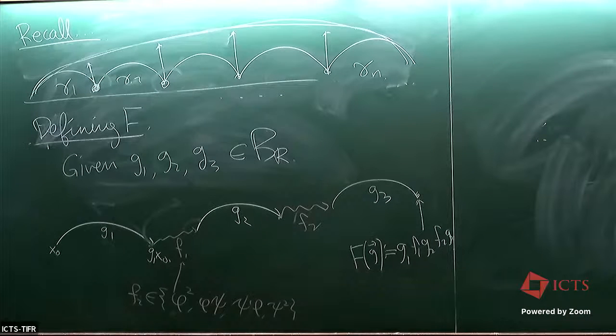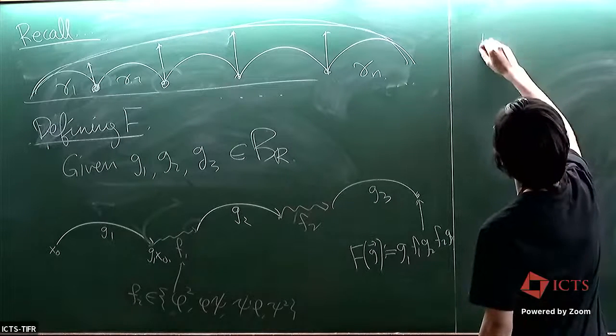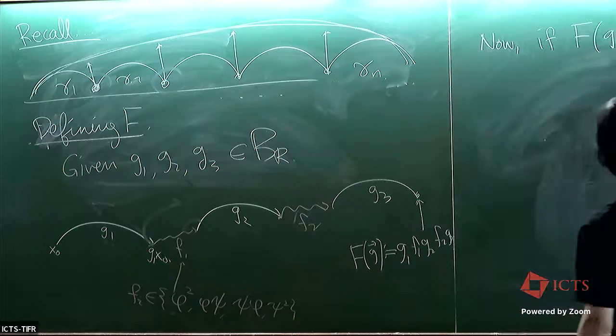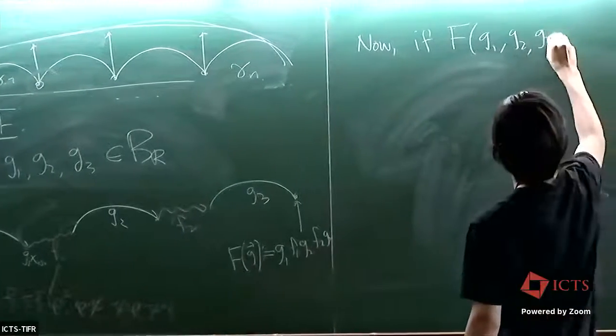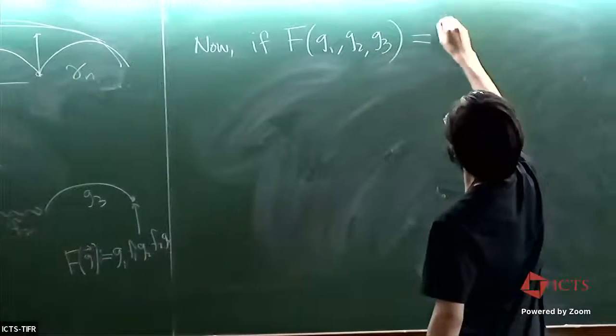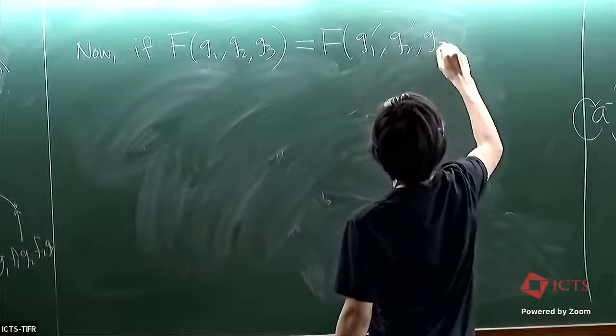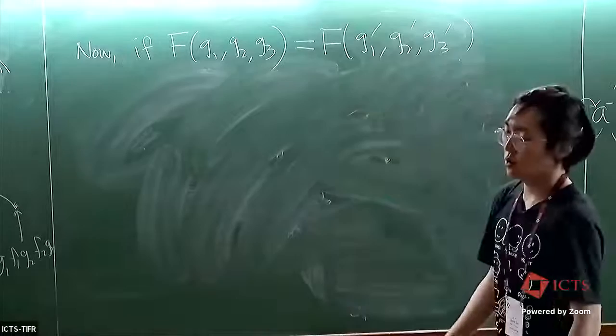Okay, so what's good about this? Now, if F(G1, G2, G3) were equal to F(G1 prime, G2 prime, G3 prime), what will happen?